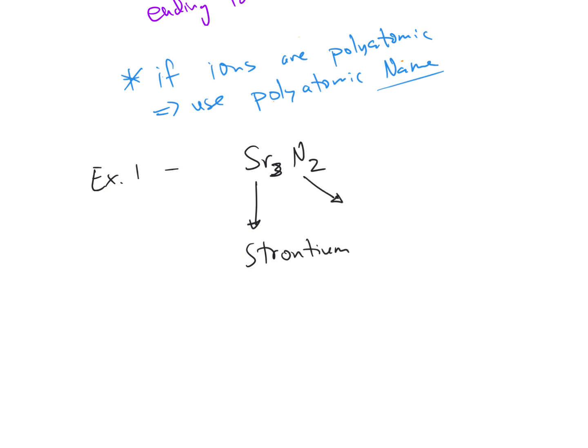And what's the name of that guy? Nitrite. So it's normally nitrogen, but it's an anion. We change the ending to IDE. And why isn't it nitrogide? Because it sounds goofy and there's too many syllables.